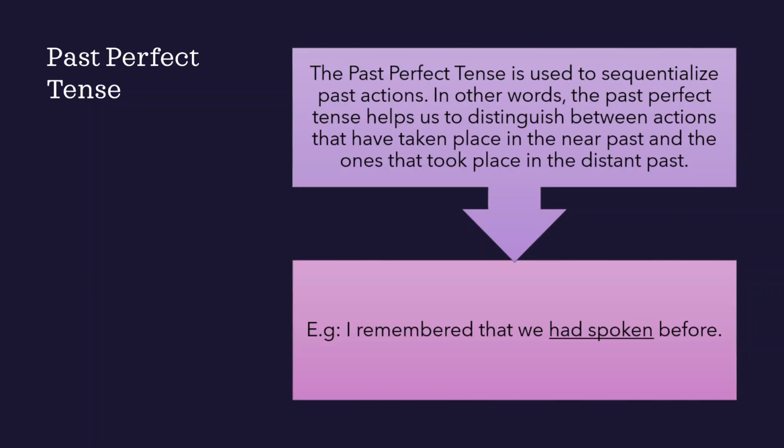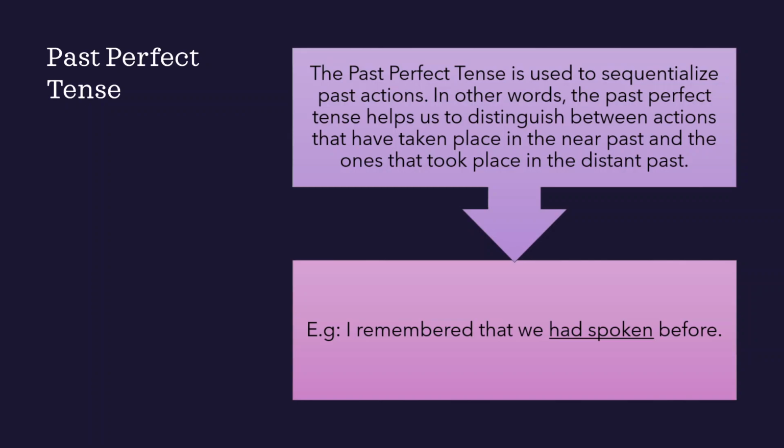For example, by the time I reached the station, the train had already left. By the time I reached the station, this is simple past. The train had already left because this is the first action.